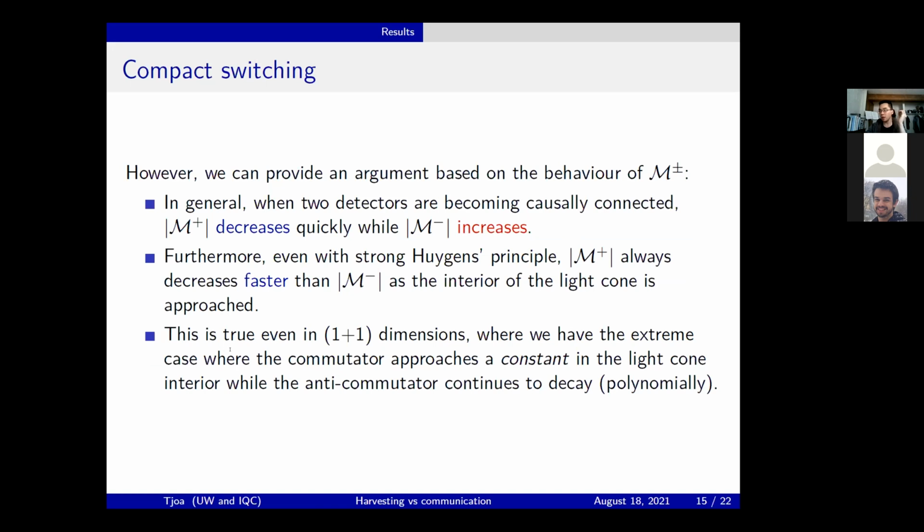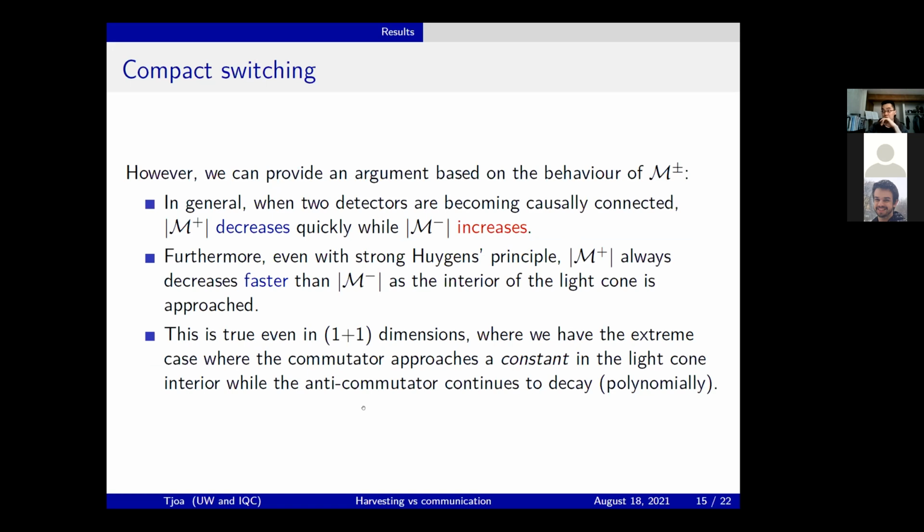But if you do this for 3+1 dimensions, the pattern I just mentioned also holds. In fact, 1+1 is the extreme case where the moment you enter the light cone, the commutator approaches a constant, which means that the decay in M minus is completely controlled by your switching function. There's nothing about the field anymore.